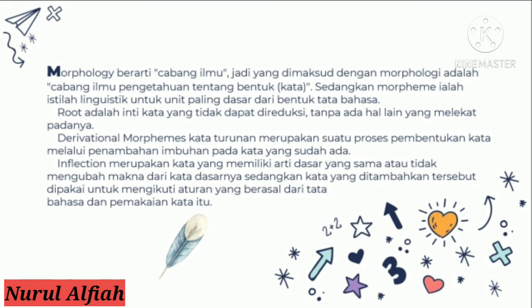There are four types of affixes, namely prefixes, suffixes, infixes, and circumfixes. Derivational morphology is the process of forming derivative words, and inflection is a word that has the same basic meaning or does not change the meaning of the root word, while the word is used to follow the rules that come from the grammar and usage of the word.